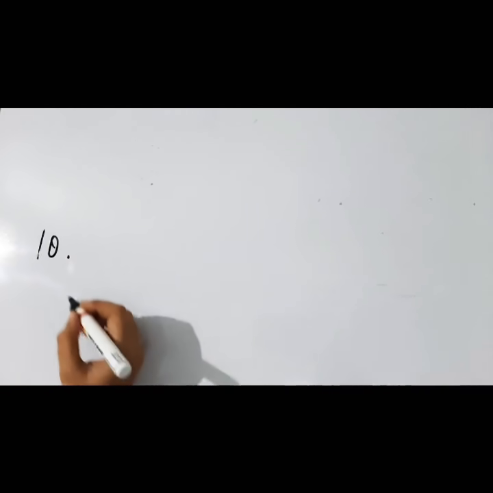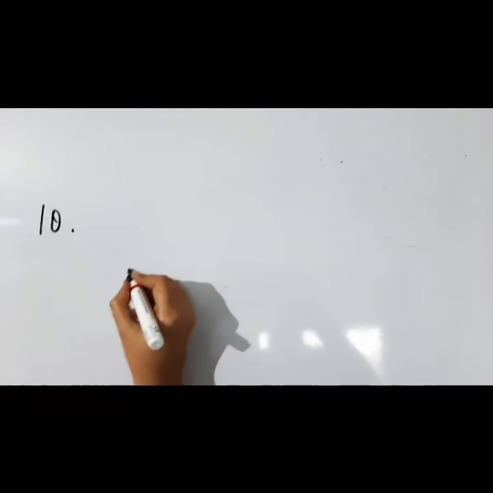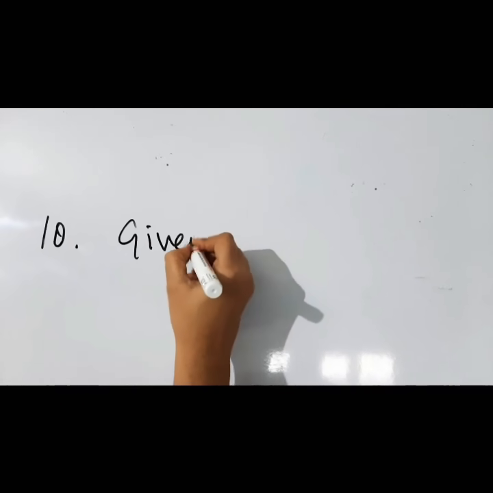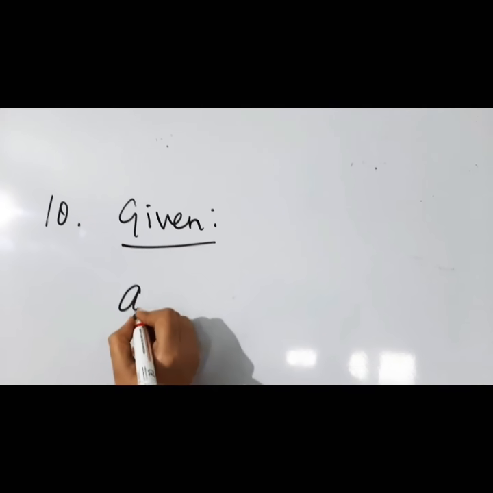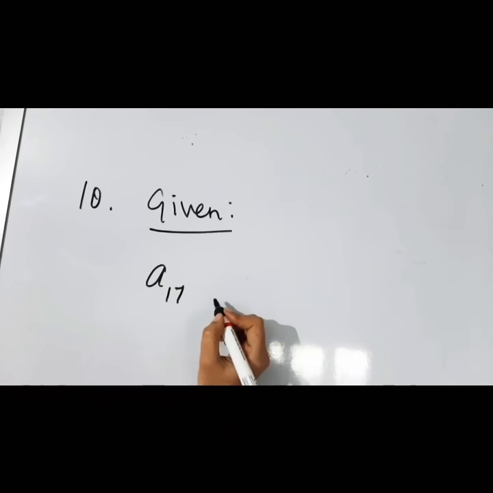The 17th term of an AP exceeds its 10th term by 7. So what is given in question number 10? The 17th term. How will we write the 17th term of an AP? A17. What did they say?